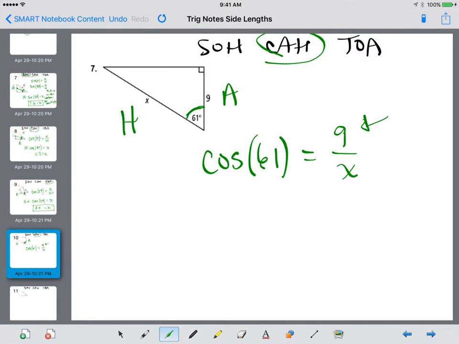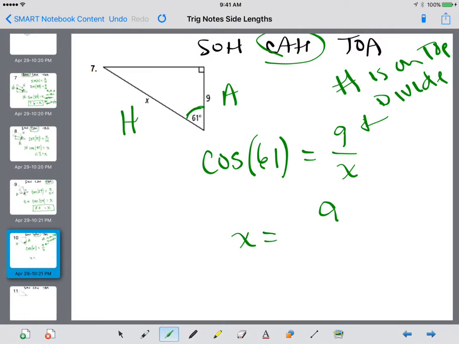It's different. So when the number is on top, we divide. Make a note of that. When the number's on the bottom, you multiply. When the number is on top, we divide. So to find x, we're going to take 9 divided by the cosine of 61.